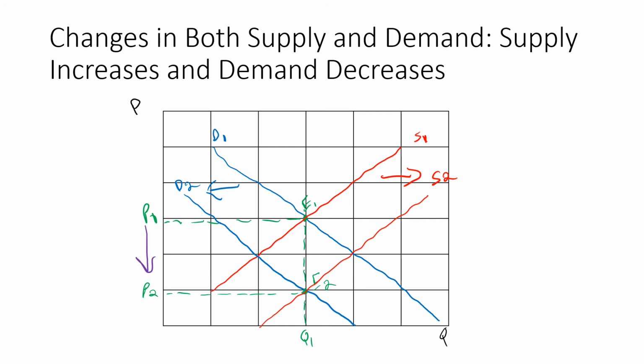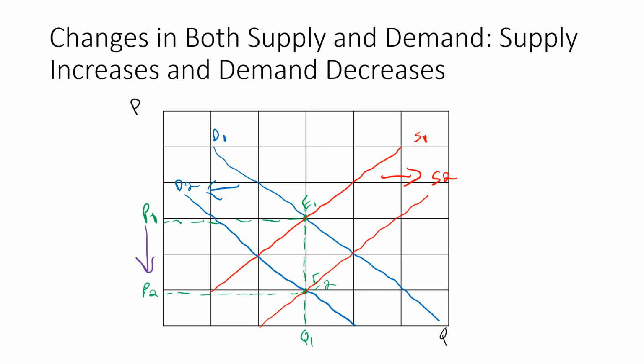We just know the price will fall. It has to fall. And I'm using this equal change to show that even if quantity doesn't change, price will fall. Quantity could increase, perhaps, depending on how much supply or demand changed. But when they are moving in opposite directions, the price will always fall.